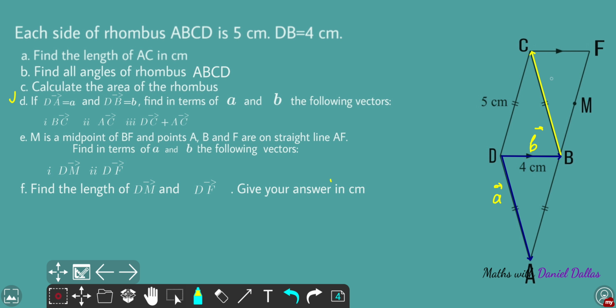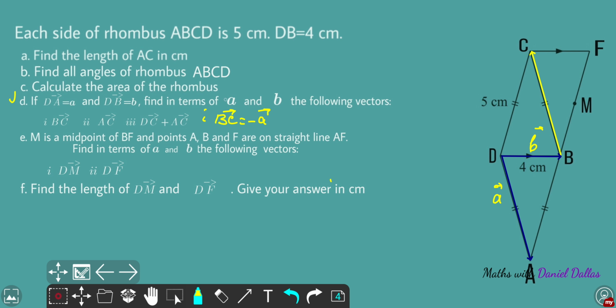So in our case, it's going to be simply negative A. So BC is simply opposite to DA, which means that's going to be negative A. Okay. And obviously, because your rhombus is a parallelogram, two opposite sides are of equal length and they're parallel, definitely.